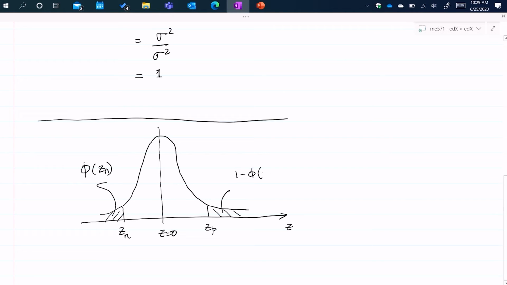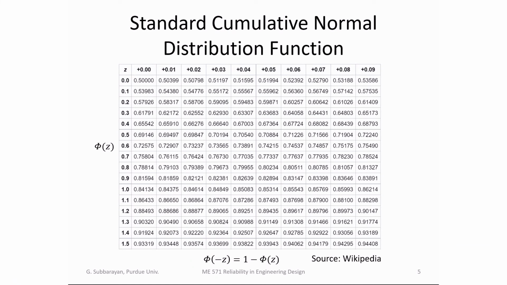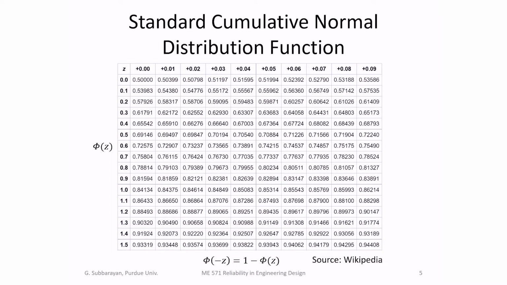So phi of z n is 1 minus phi of z positive, and remember, z n is the negative of z positive. That follows from the symmetric nature of the normal distribution, and it allows us to create a table only for positive values of z. If you have negative values of z, you would use this formula here.